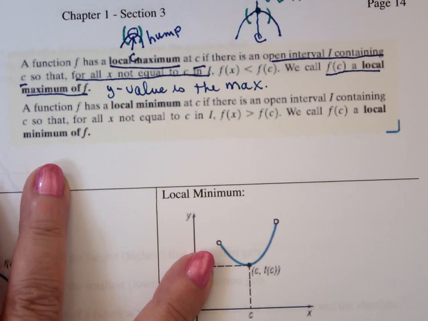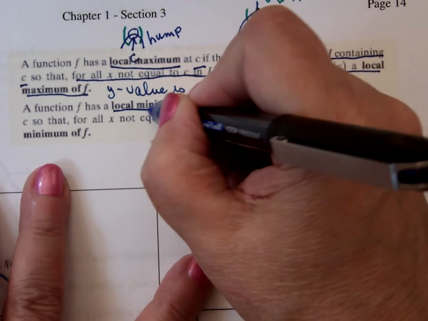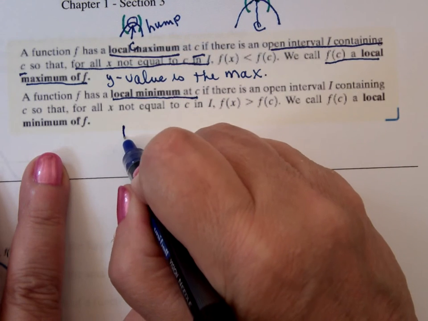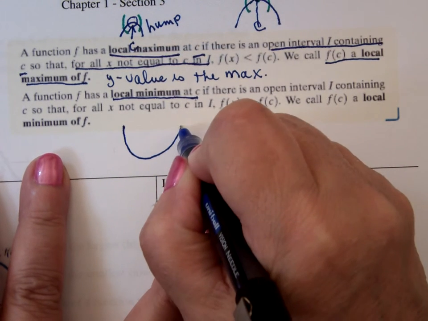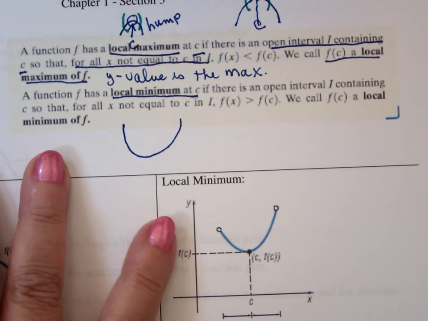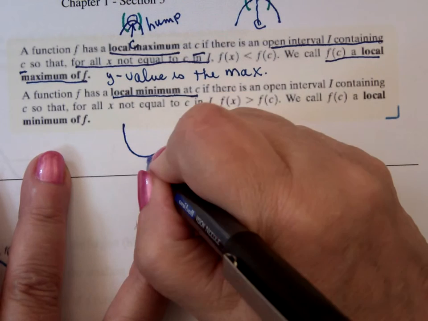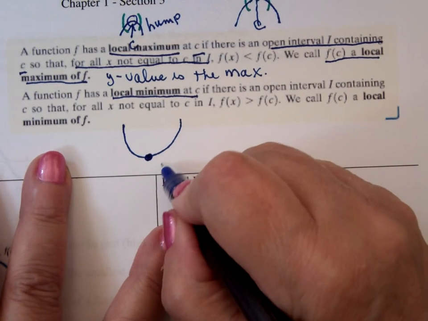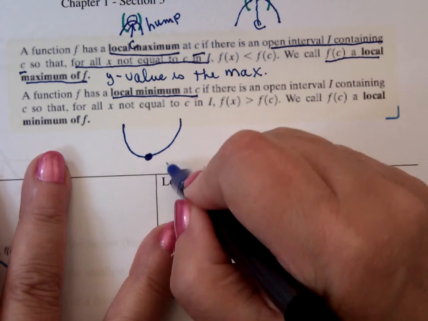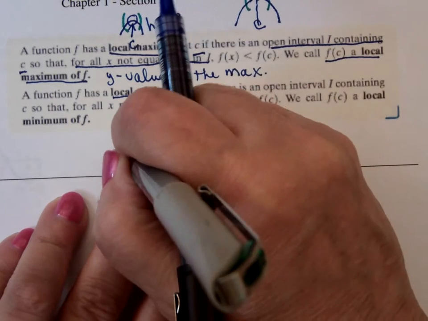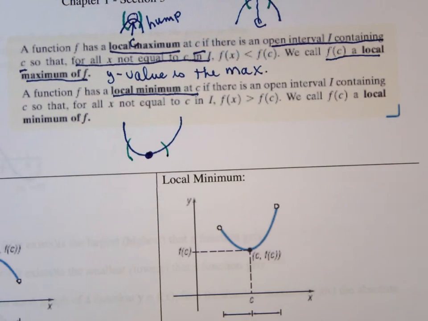Now, local minimum is going to be the reverse, right? Instead of a hump, I'm going to make a big valley. And this guy is your minimum, local minimum. And then it says take an interval around, and if you're at the bottom, what should happen around you?